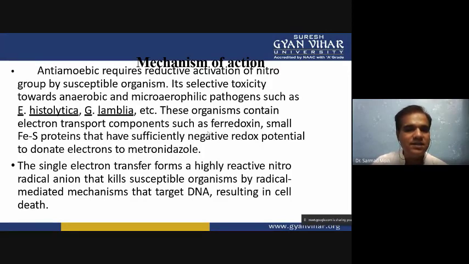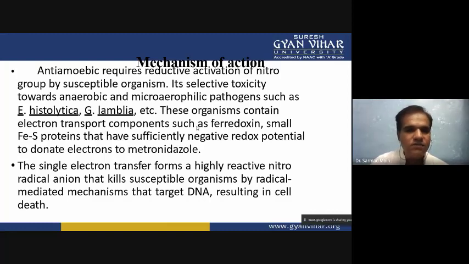Then it has selective toxicity towards anaerobic and microaerophilic pathogens such as Entamoeba histolytica and Giardia, etc. These diseases are caused by protozoa, and they require anti-amebic type of drugs. And these organisms contain electron transport components such as ferredoxin, a small iron sulfur protein that has sufficiently negative redox potential to donate electrons to metronidazole.